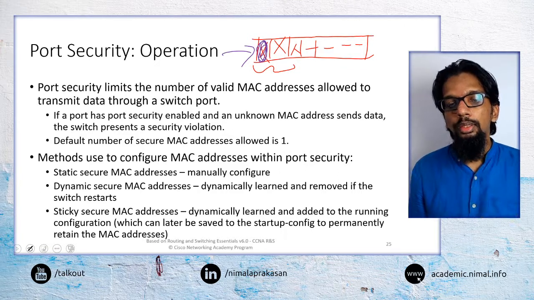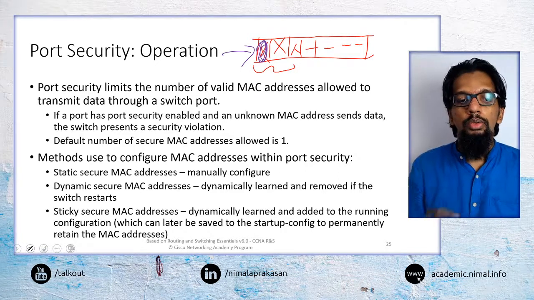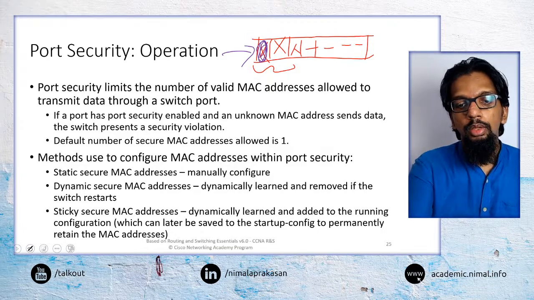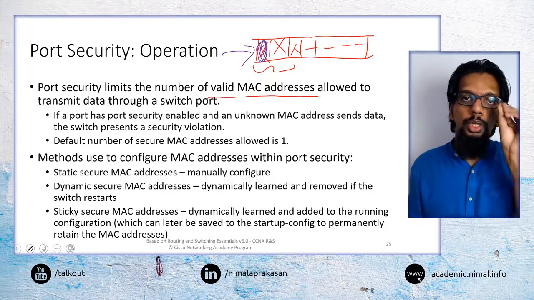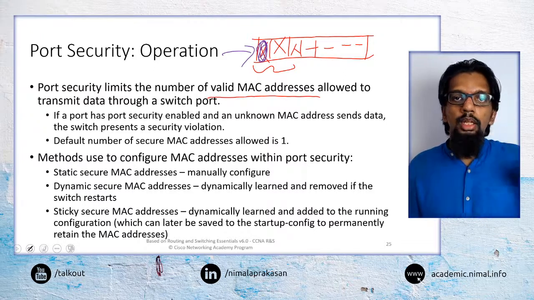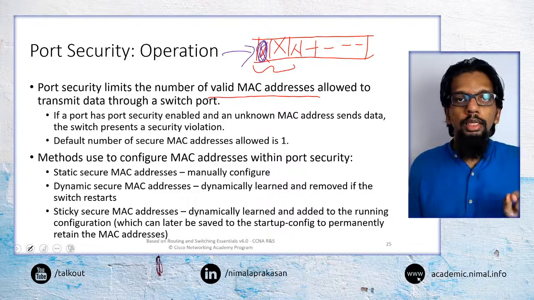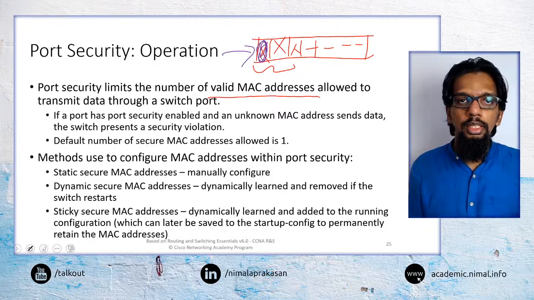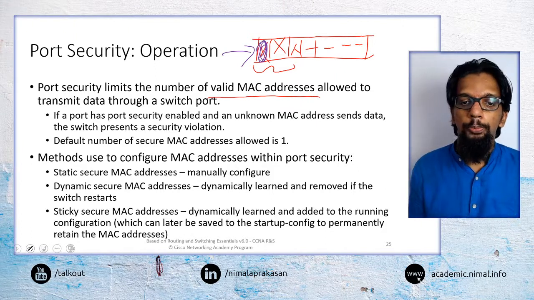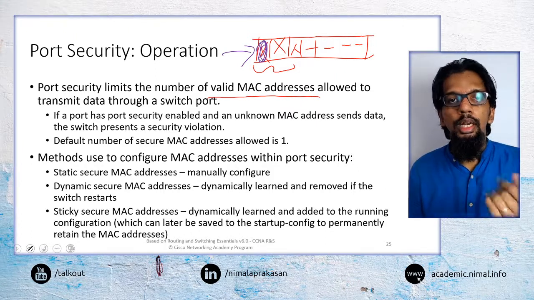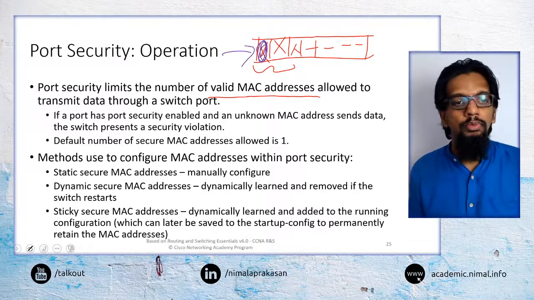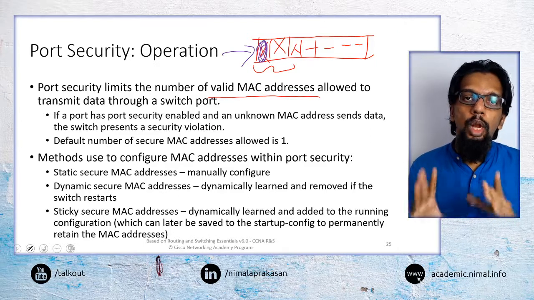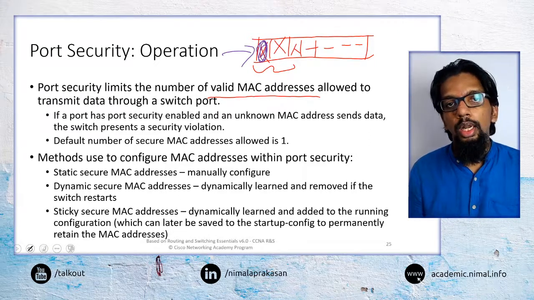To avoid that, for each port we would set what the valid MAC addresses are. For each port we would say this port can only connect this particular computer, and that computer's MAC address is this. This is another level of port security that we can establish, by limiting which MAC addresses are allowed to connect to a port.